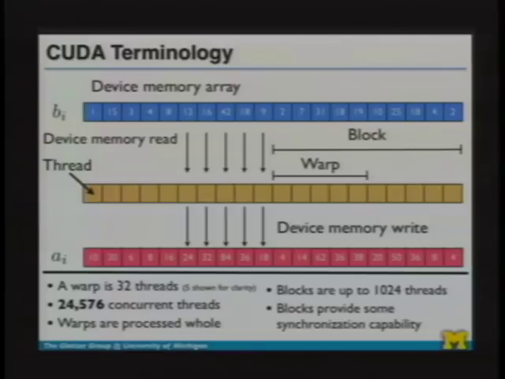But functionally, what it allows is some synchronization capability. There's actually a barrier synchronization in there. If you're doing calculations within a block and you compute one value and then you need the value of that one value across all the threads of the block before you continue, then you can put a barrier synchronization. But you can only synchronize within one block.